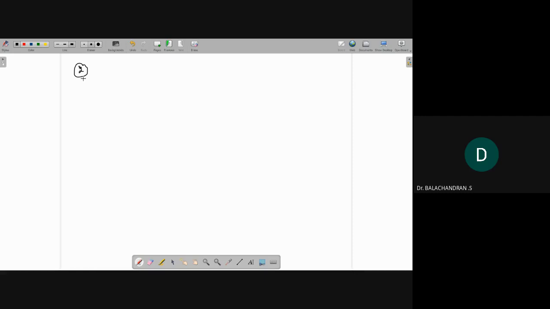Okay, second problem. Solve z square into p square plus q square equal to x plus 1.